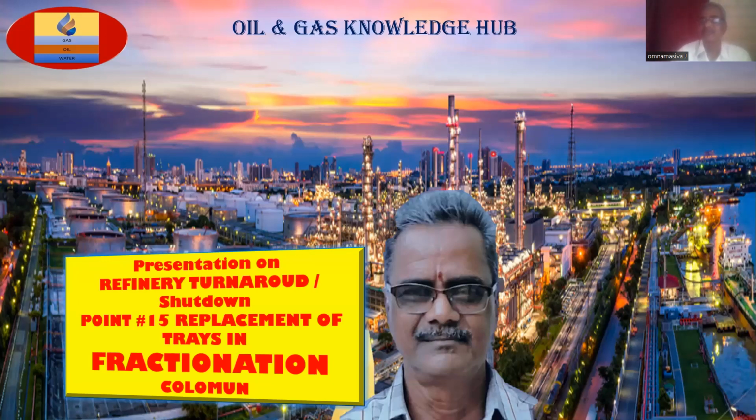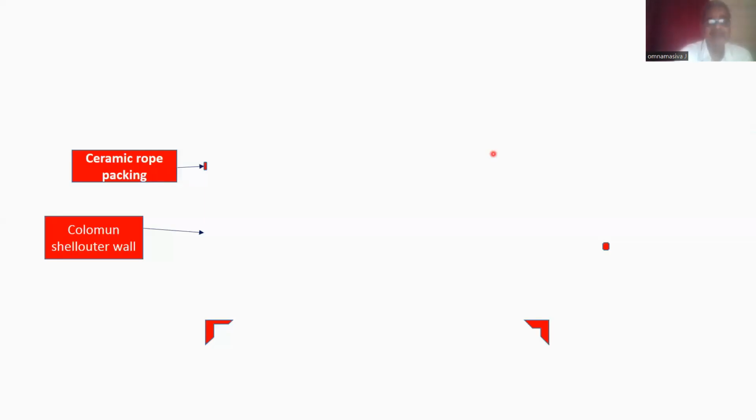So normally, in every shutdown or turnaround, all columns and vessels will be cleaned as per the SOP guidelines. Many people are involved. We are talking only about the fractionation column and replacement of trays today.